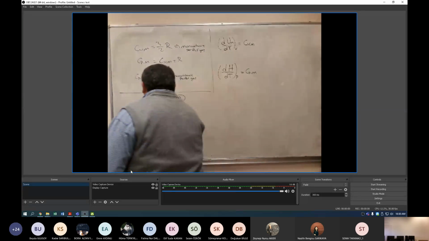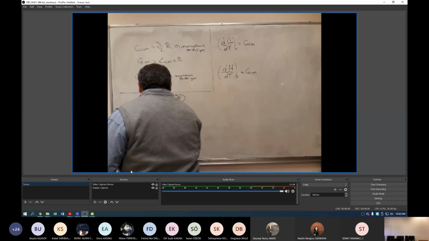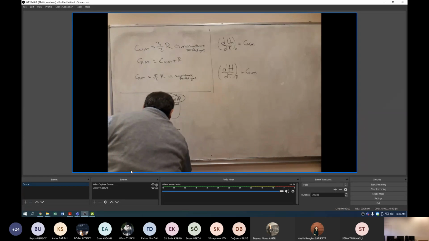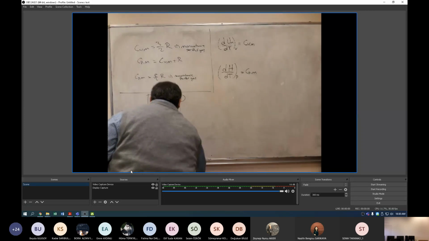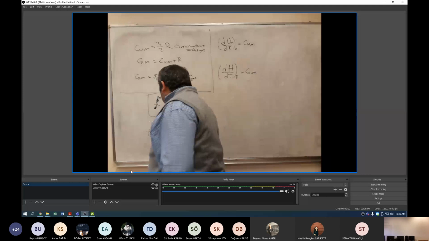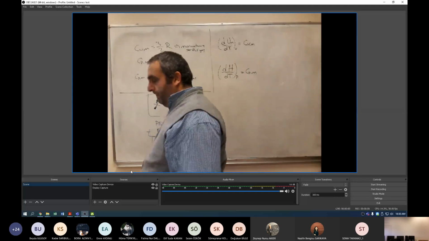Okay, this is the molar kinetic energy again. We said the total energy of these molecules is given by this formula.